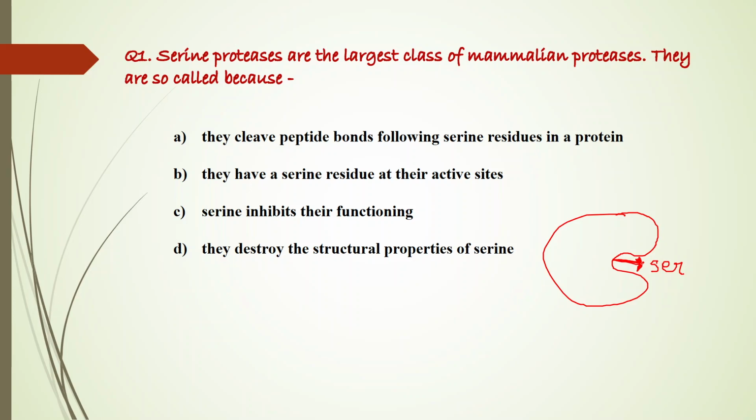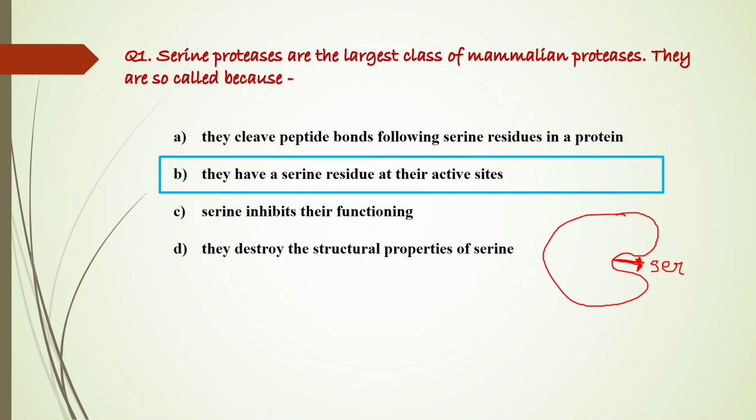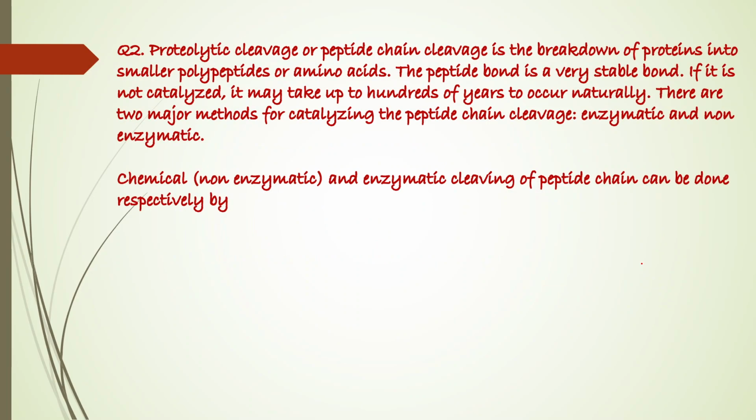There are different classes of proteases, but among them, only those which have serine at their catalytic or active site are termed serine proteases. So our correct option is that their name comes from serine residing on the active site. Moving to the next one.